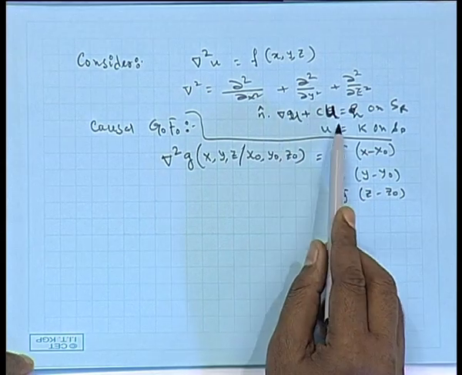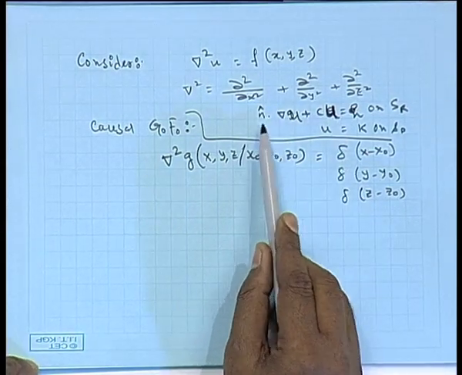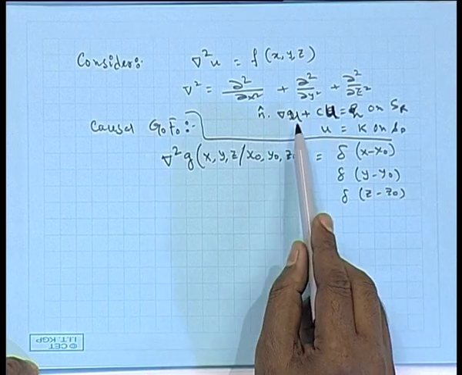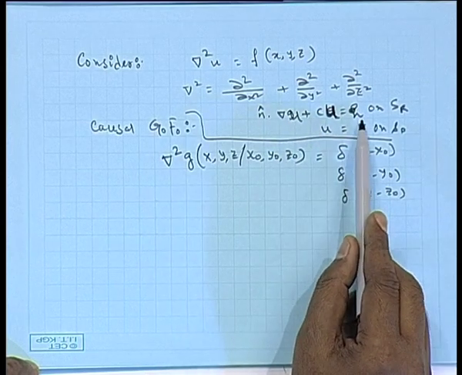This boundary condition is a mixed boundary condition. This n hat is the unit normal. So, this is basically normal derivative of u plus Cu is equal to H on some surface.